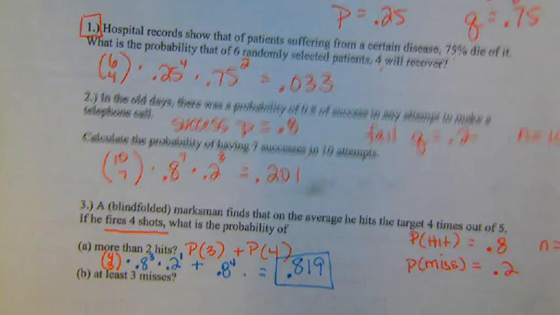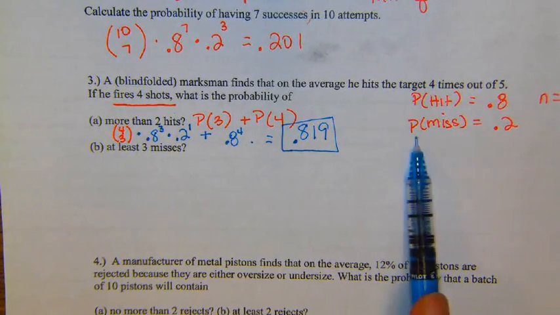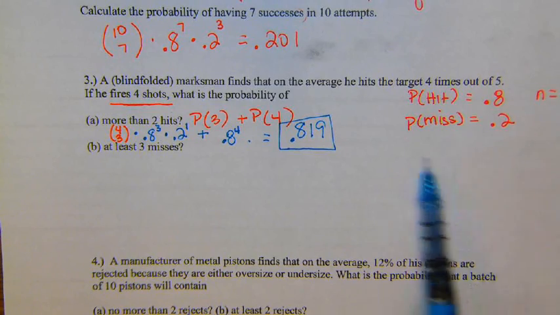All right. What does it mean to say at least 3 misses? You could think of it as doing hits, or you could think of doing 3 misses or 4 misses. What I'm going to do is count the misses, and I'm going to count 3 or 4 misses. Okay?